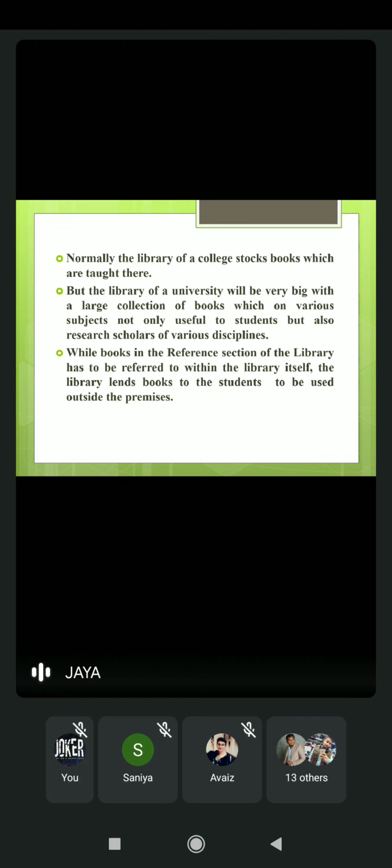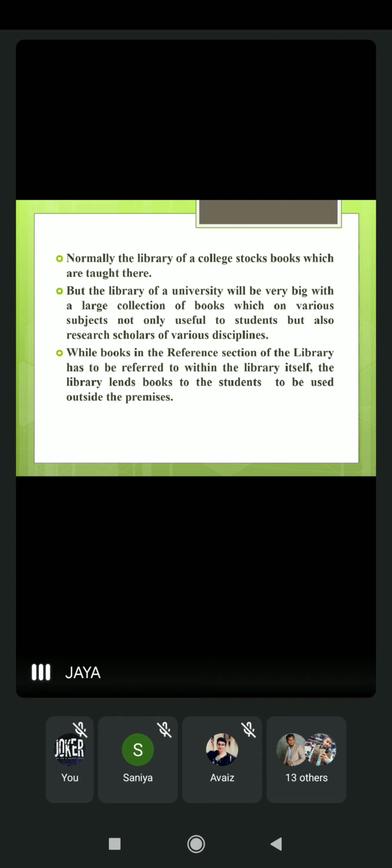What is connected to law? Sociology, political science, economics, psychology, history, English. All these subjects are being taught. So apart from the subjects which are being taught, many other textbooks have to be kept in the university library. Normally a university library will be much more vast than any private college's.